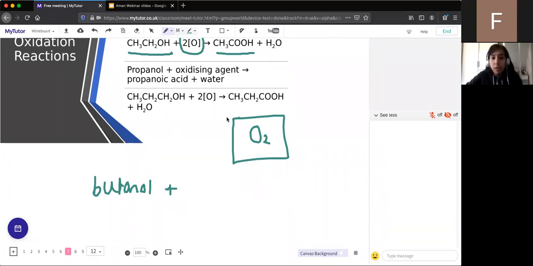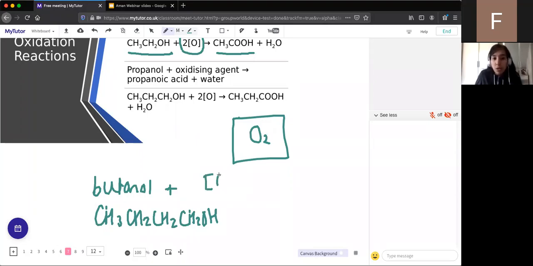Any ideas? Good. Yep, CH3, CH2, CH2, CH2, OH. Okay, that's butanol. Then our oxidizing agent.